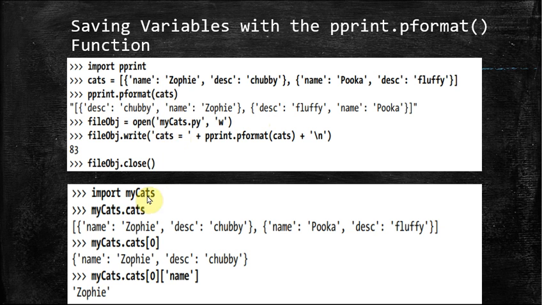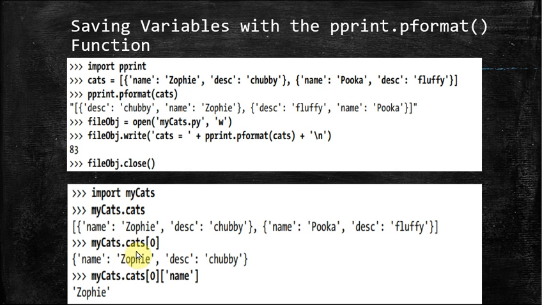So you are importing that particular file, mycats. When you give mycats.cats, the entire data will be displayed. If you give mycats.cats[0], what? We said list of dictionaries. So this will be your cats[0], this will be your cats[1], like this it goes on.